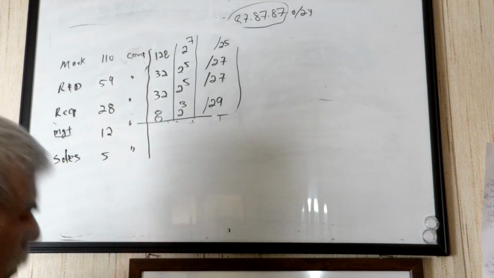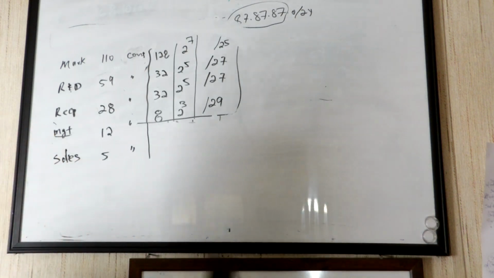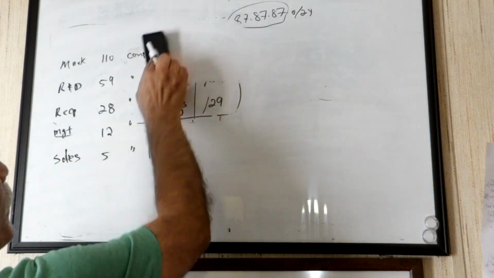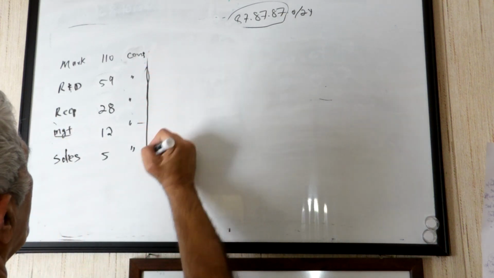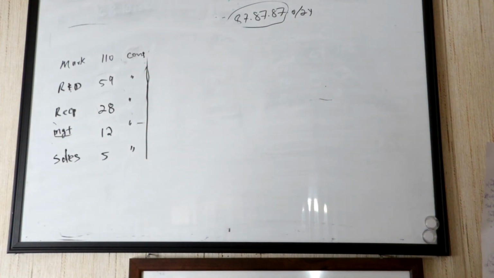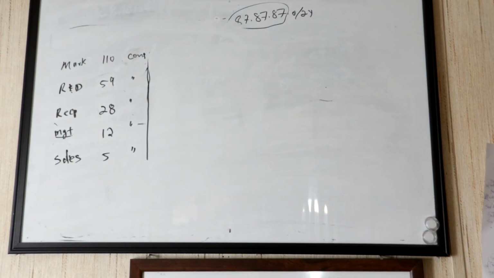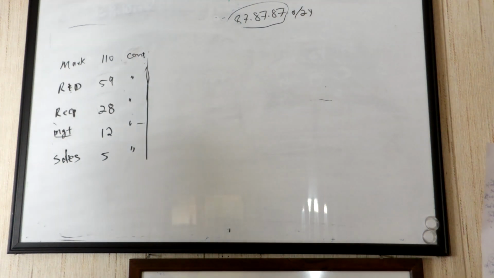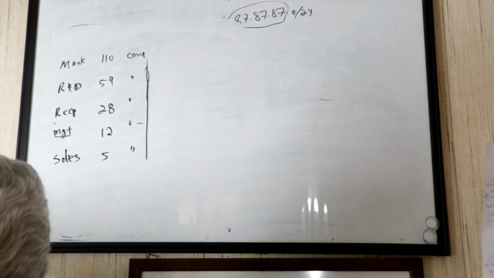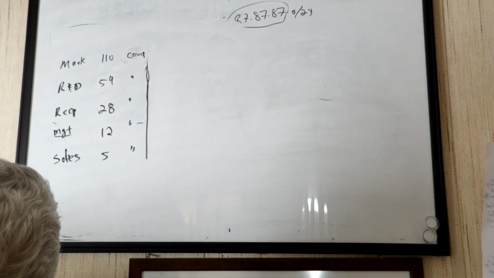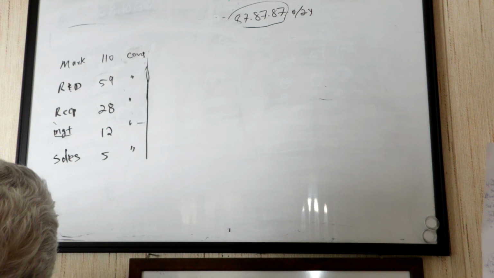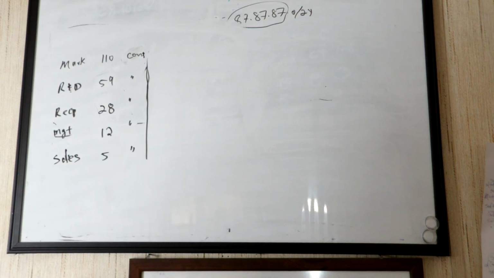And then, okay, so they need these kind of things. 110 computers for marketing, research and development 59, reception 28, management 12, and sales 5.